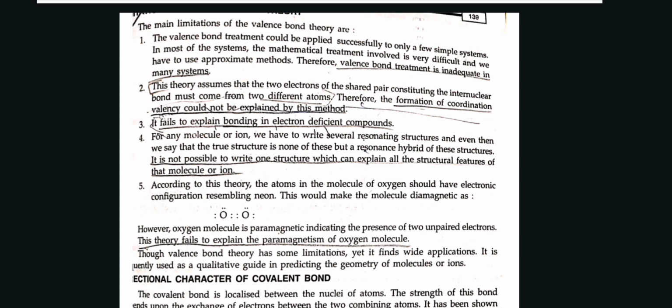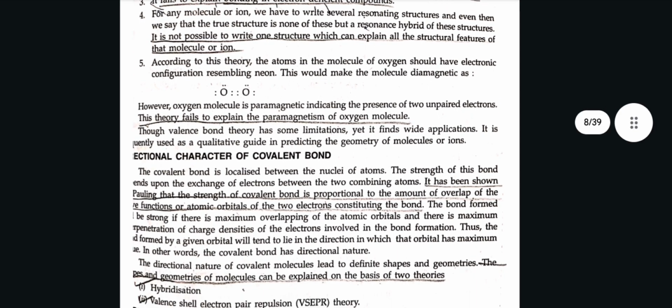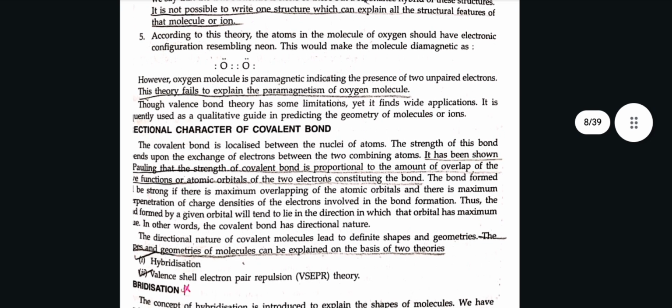For any molecule or ion, we have to write several resonating structures and even then we say that the true structure is not any one of these but a resonance hybrid of these structures. It is not possible to write one structure which can explain all the structural features of that molecule or ion.